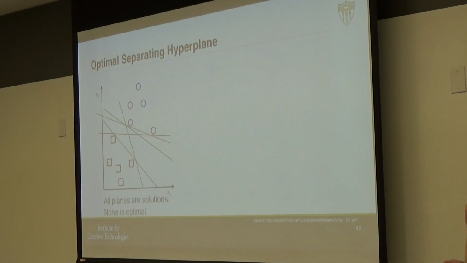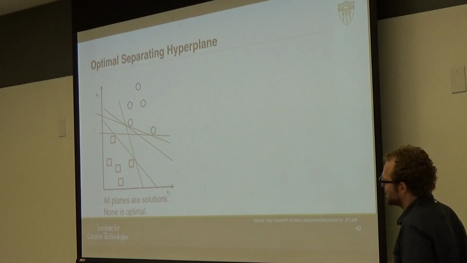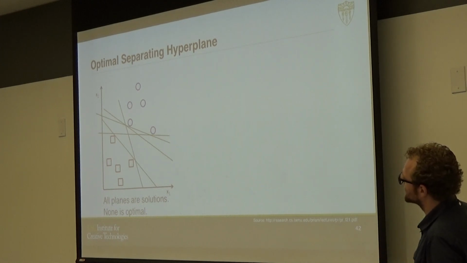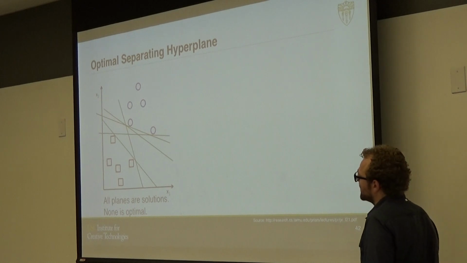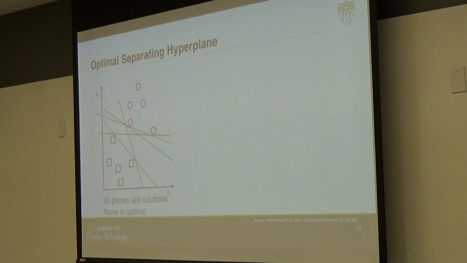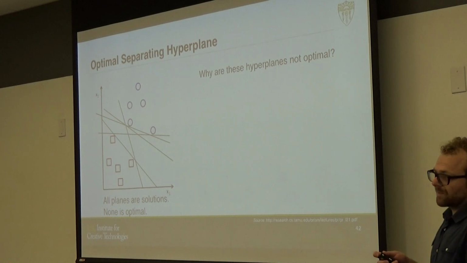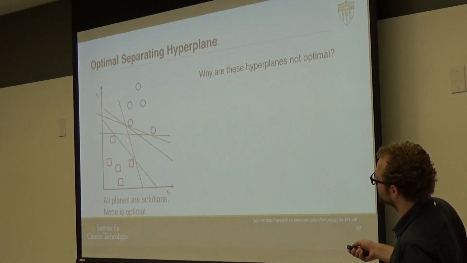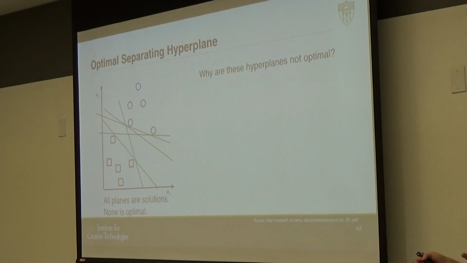All of these lines here are valid separation hyperplanes. They separate the blue and the red class perfectly, but they are not the optimal solution. Why are these not optimal? The hyperplane doesn't pass through the middle of the boundary. Right, exactly. It doesn't separate them with the widest margin.